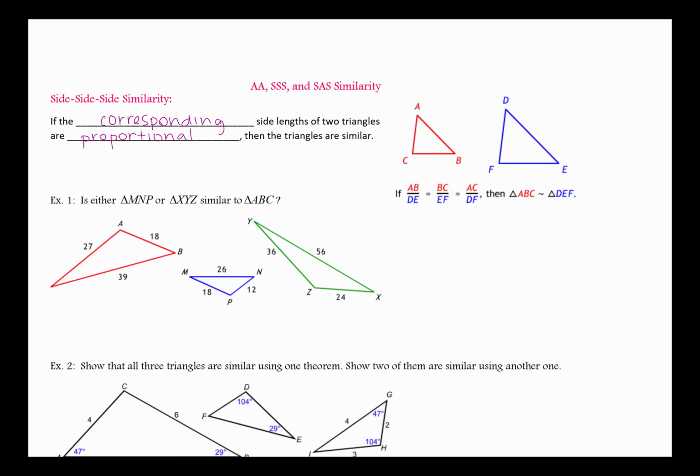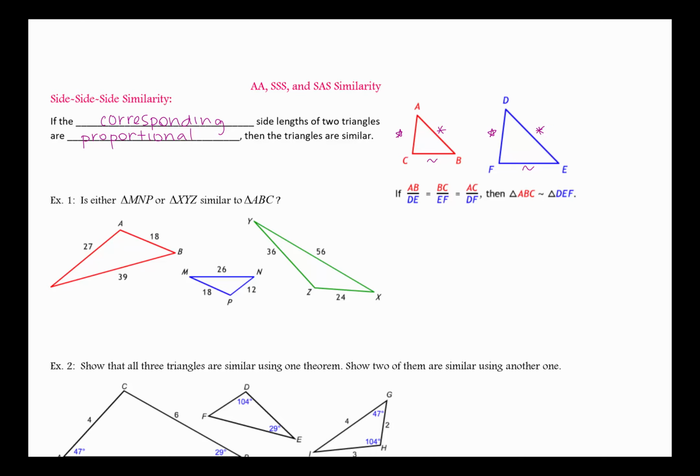So you can see over here, if AB over DE, so we're saying if this one corresponds to this one, AB to DE, and if BC corresponds to EF, and if AC corresponds to DF, then I know that the triangles are in fact similar.